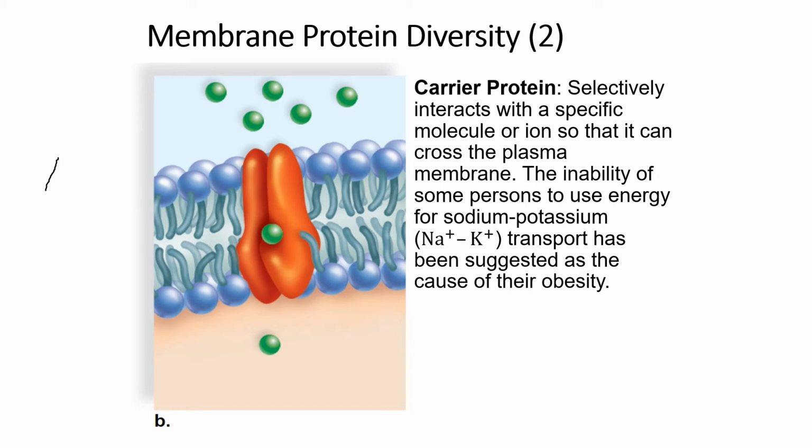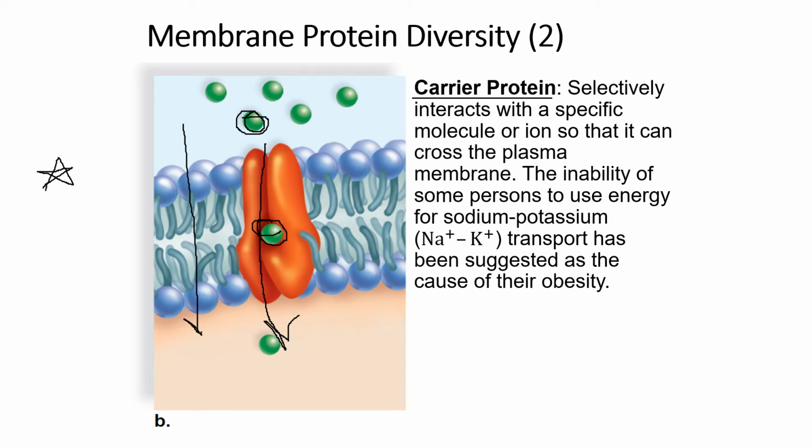Related, but you also need to know it, is a carrier protein. And these also transport things through the membrane, but they're a little bit more interactive. So they will actually bind to their cargo, and it'll physically pass this cargo through the membrane, whereas the channel proteins, those are a little bit more passive.